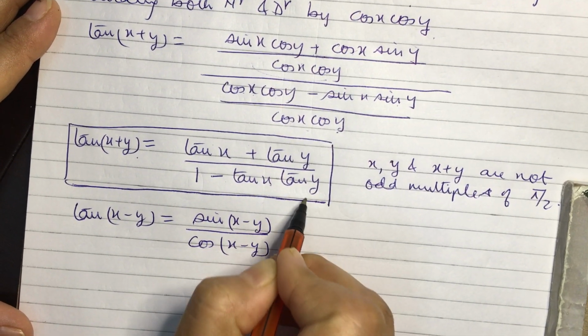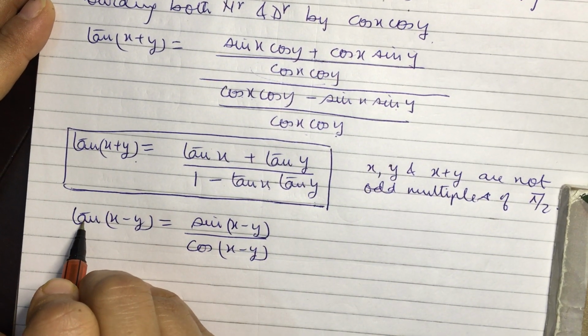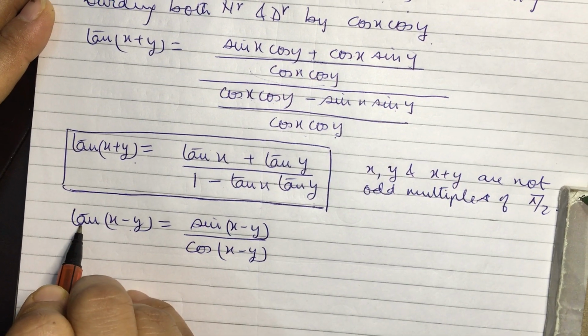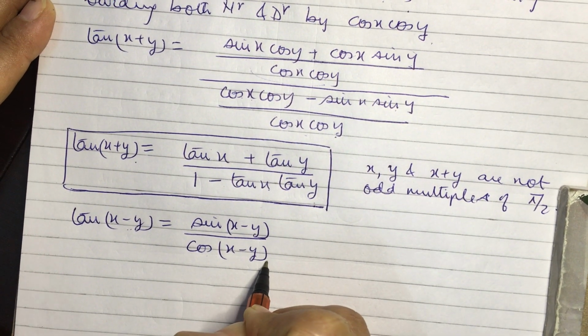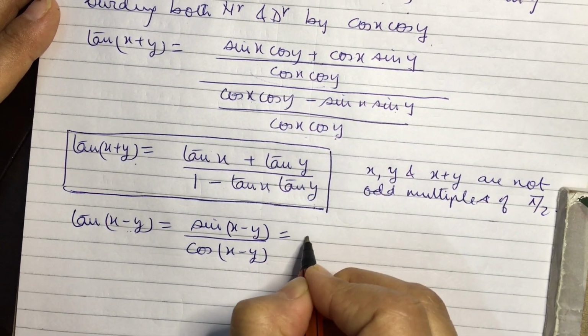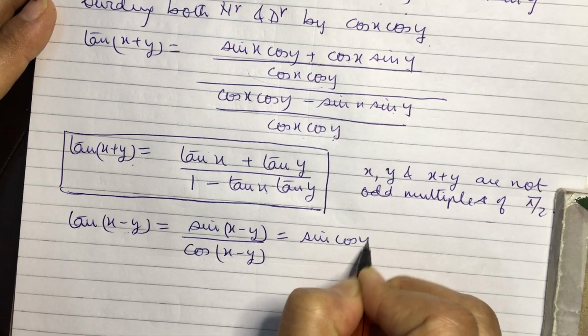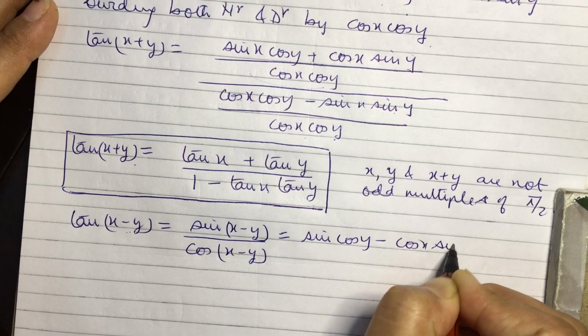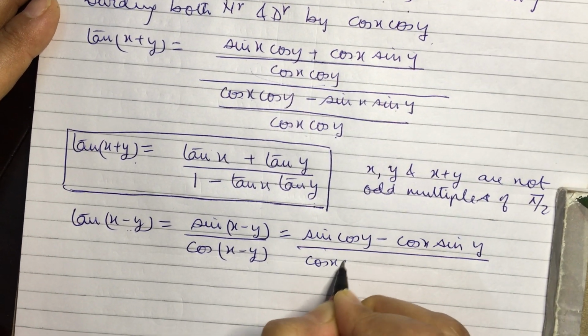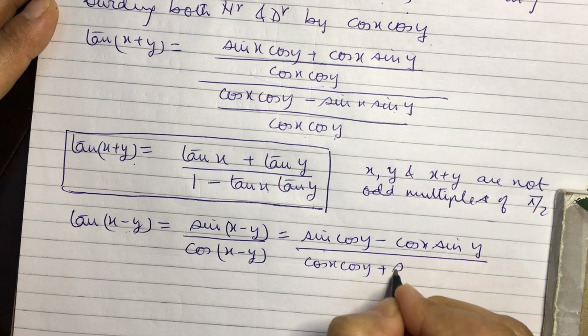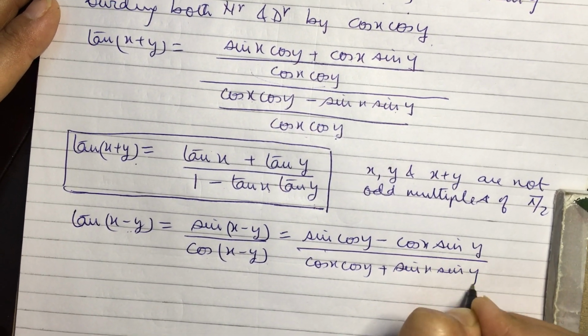That procedure I will take up later. First, let me do it by the basic method, that is tan of x minus y would be sin upon cos of x minus y. Using the result from above, we get (sin x cos y minus cos x sin y) whole upon (cos x cos y plus sin x sin y).